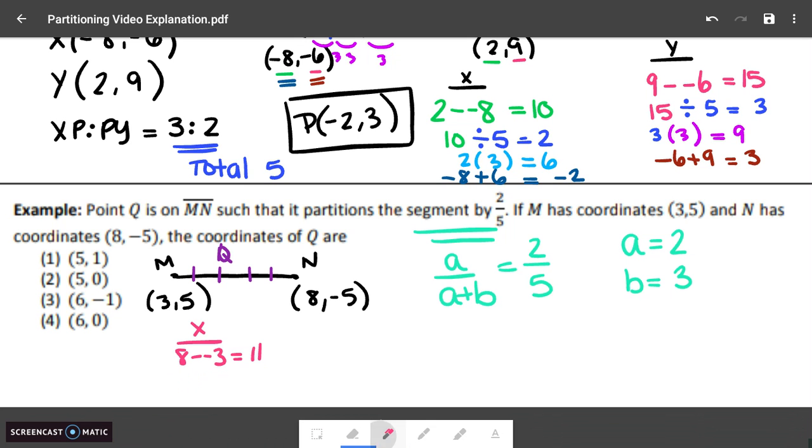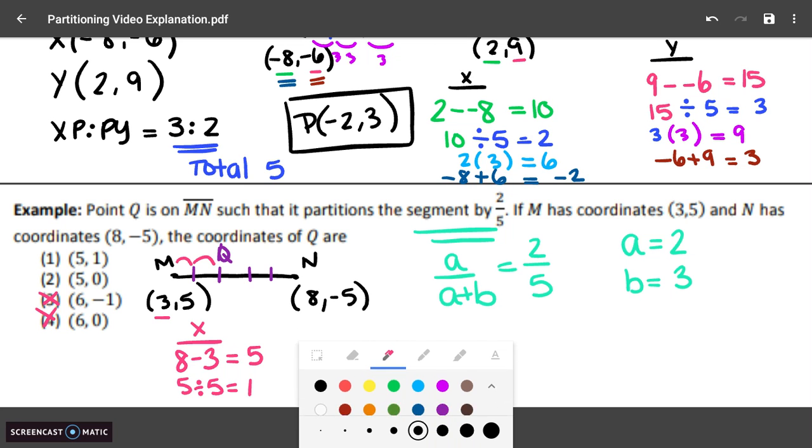We had a positive 3 here, so I'm just going to go back and fix that for us. So it's actually 8 subtract 3 equals 5. We're breaking up into 5 equal parts, so 5 divided by 5 is 1. That means it's changing by 1 each time, so 1 and 1, so 3 plus 2 is 5. So I know the x-coordinate is going to be at 5. So I could cross off choices 3 and 4 so far.